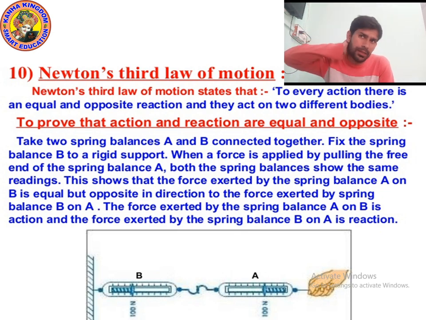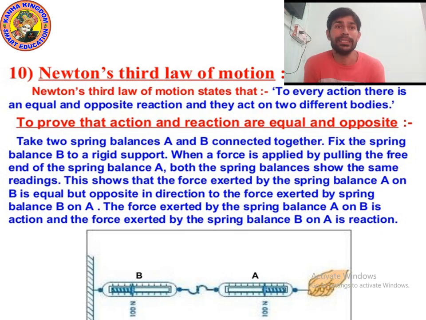To prove that action and reaction are equal and opposite, let's do an activity. As you can see on your screen, take two spring balances. There are spring balances also available in our lab.